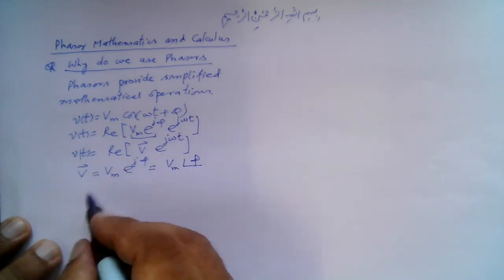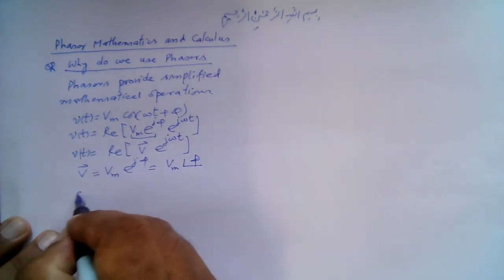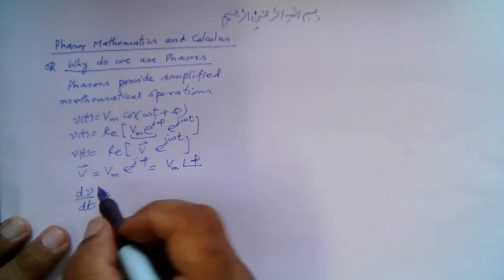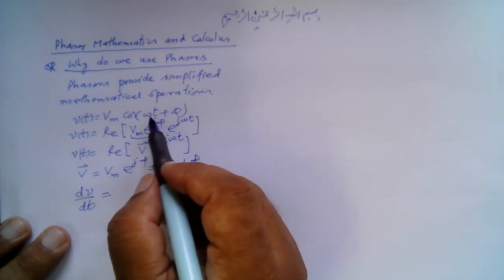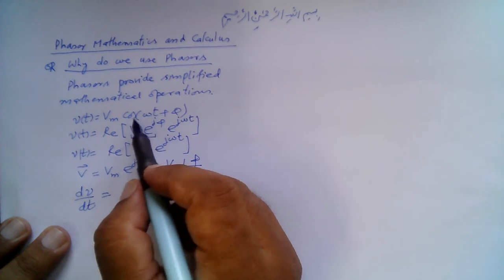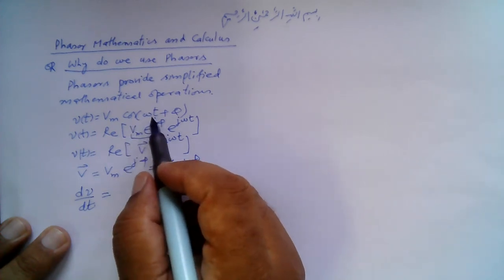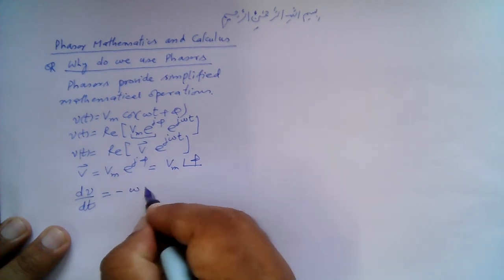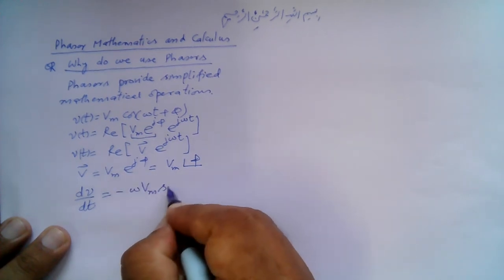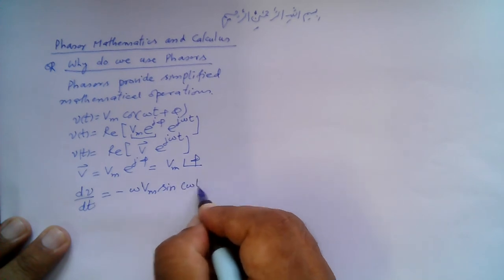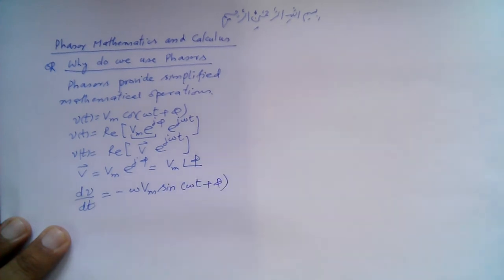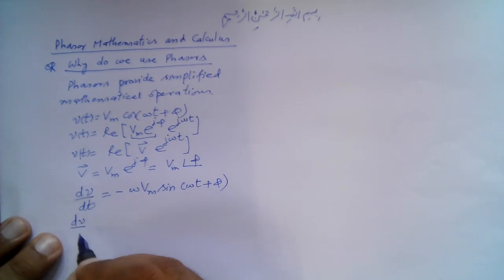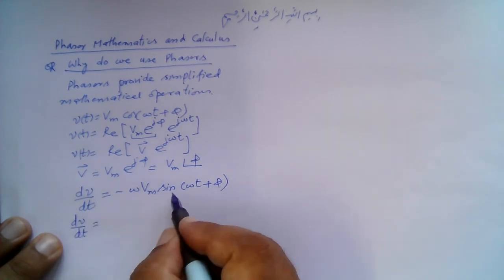So let us consider the differentiation of this sinusoid. Let's differentiate it with respect to time. dv by dt is equal to, since this is a cosine function, this will result in a sine function, and the omega term will appear here: minus omega Vm sine(omega t plus phi), right? So let's convert this sine function into a cosine function.